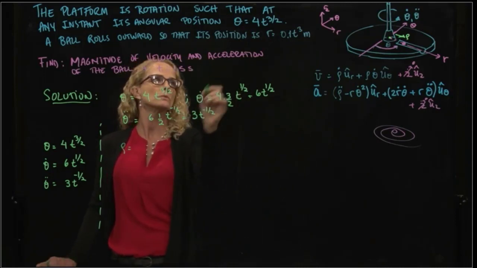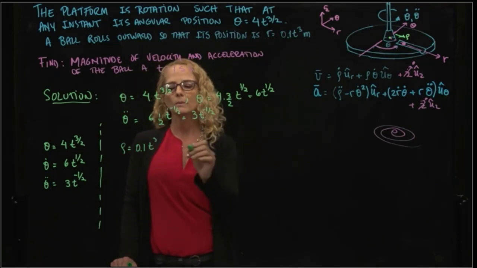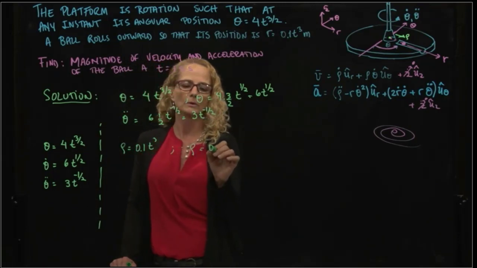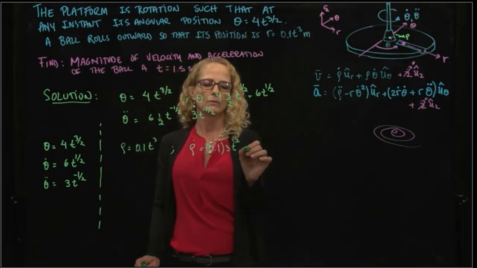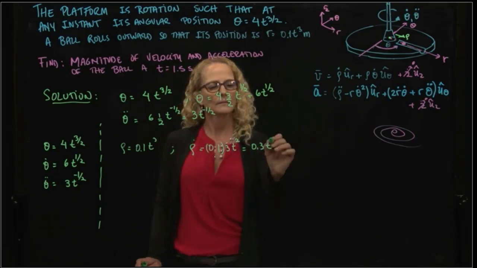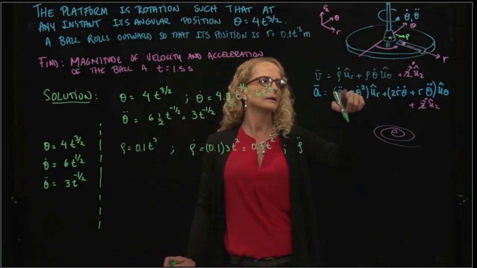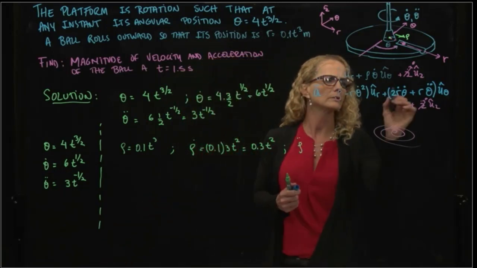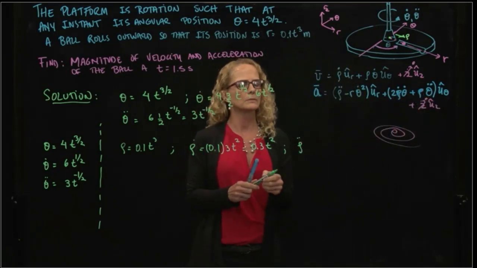So we can say that rho is equal to 0.1 times t cubed. Then we have rho dot, which will be 0.1 times 3t squared, which is equal to 0.3t squared. And then we got rho two dots that we also needed right here. Actually, let's write these expressions all in terms of rho, because we have to be consistent with the variables that we use.